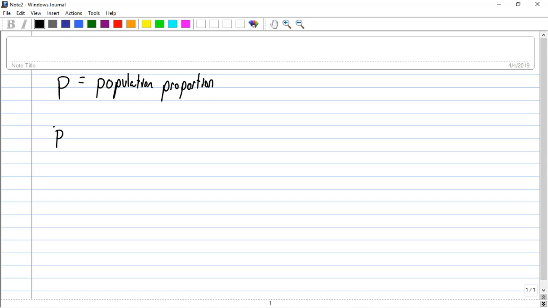And we have P hat. It looks like a P that's wearing a little hat right here. That is the sample proportion.